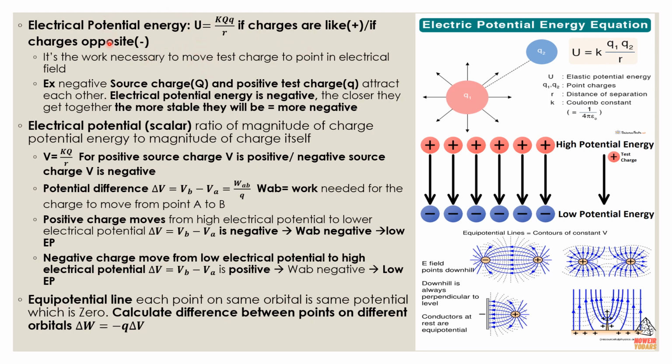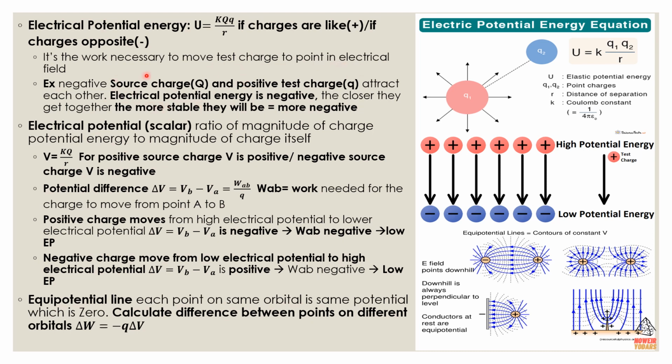The electric potential energy is a form of potential energy that arises due to the interaction between charged objects. It is the energy possessed by a charged object by virtue of its position relative to the other charged objects in the electrical field. It's basically the work necessary to move the test charge to a point in the electrical field.